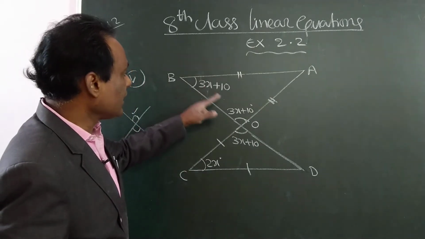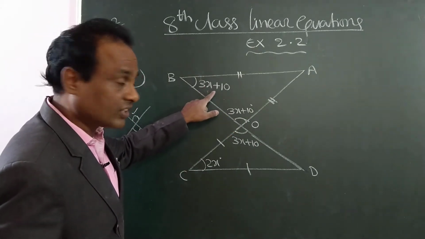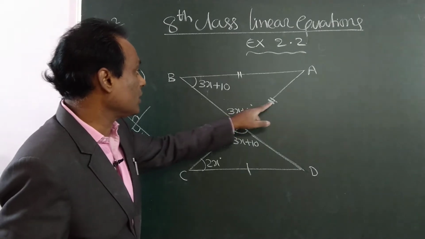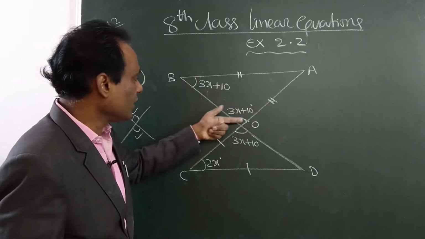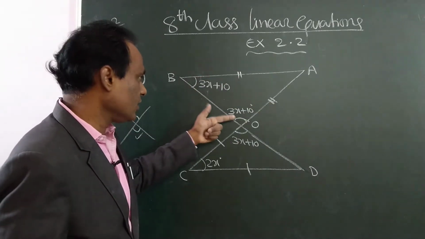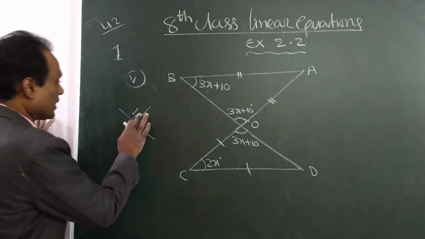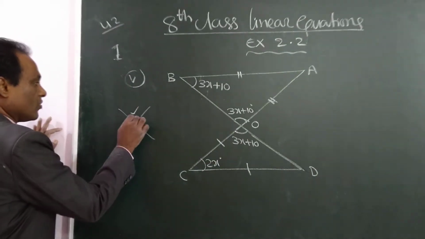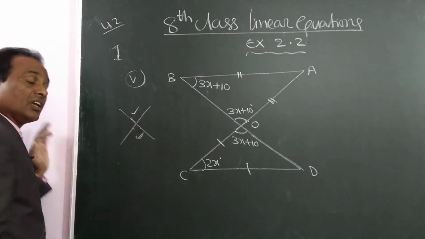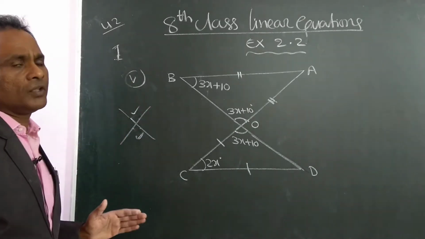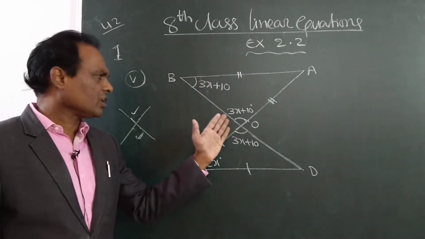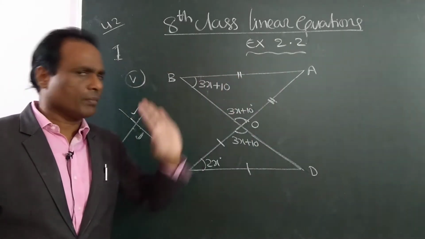First this angle and this angle, if this is 3x plus 10, this will be also 3x plus 10, because two sides are equal, two angles will be equal. Same angle I can take here, because if two lines are intersecting, these two are called vertically opposite angles, they are equal. You studied in the plane geometry. If you forget also, I will give the notes, you remember.